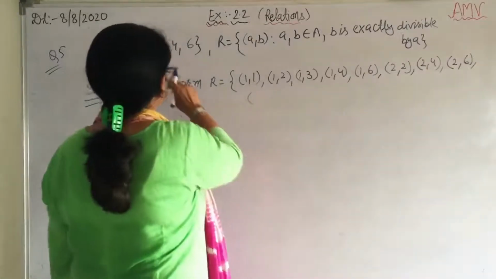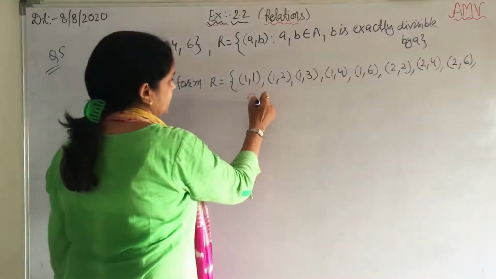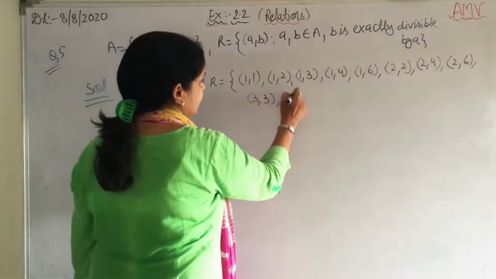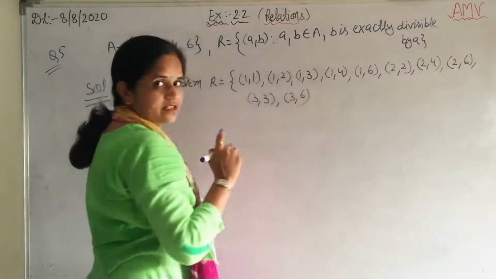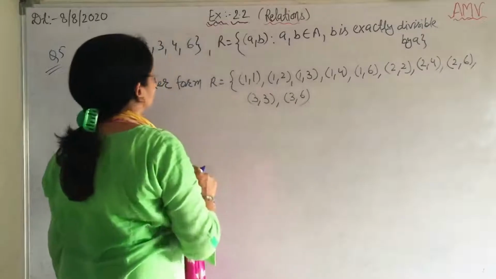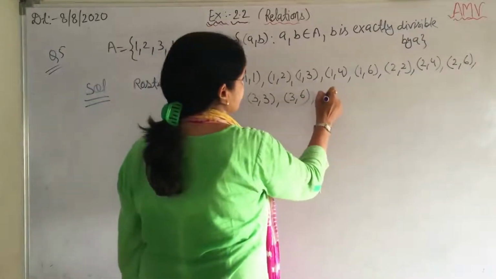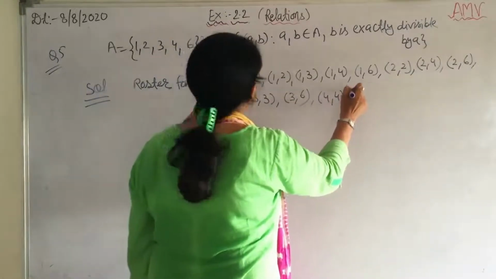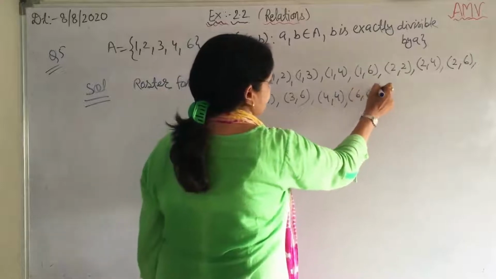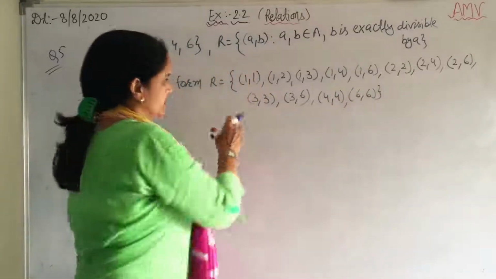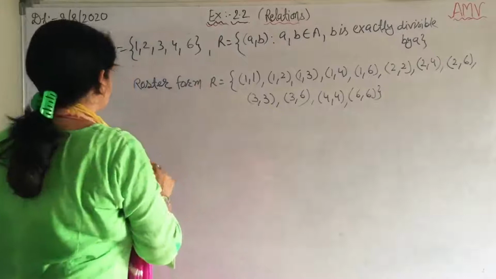Move ahead, 3 relates to 3 and 3 relates to 6, as 6 is divisible by 3. Now next, 4 relates to 4 and 6 relates to 6.